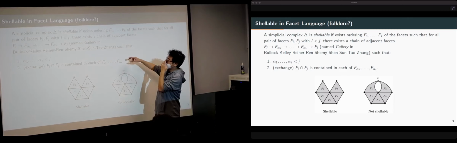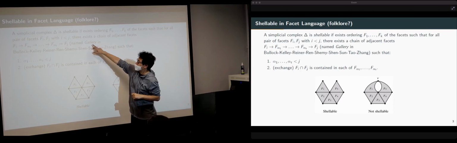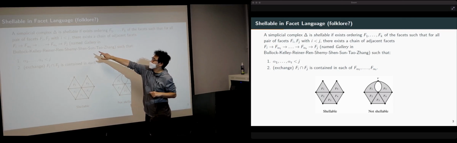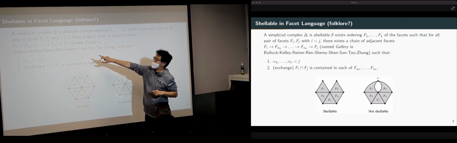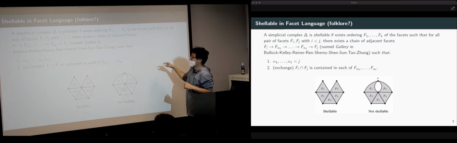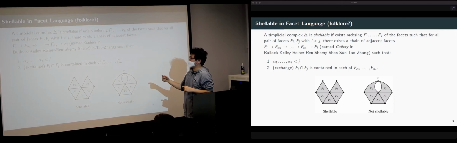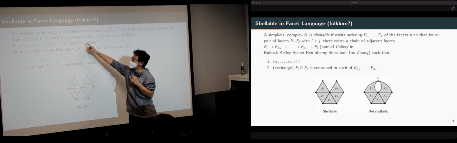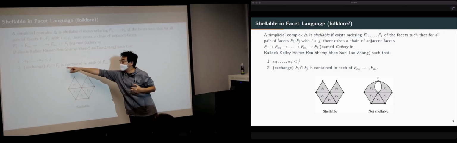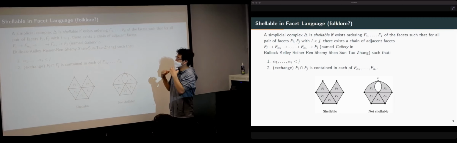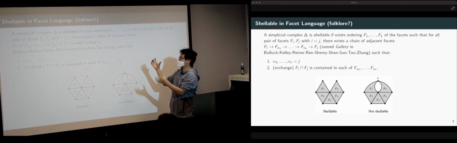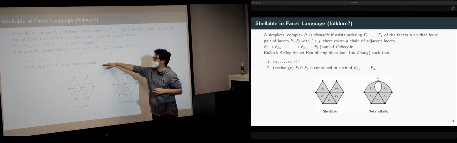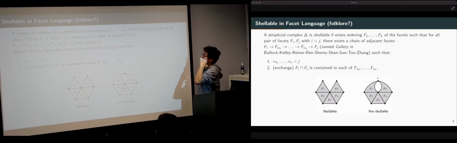By the way, this is called a gallery, via a result by Vic Reiner and his students. If you have a chain of adjacent facets such that you only use the facets that are smaller than the bigger of the two facets, and you have this exchange condition, that the intersection of the two facets in question has to be contained in each one of them, then this is an alternative definition of shellable.